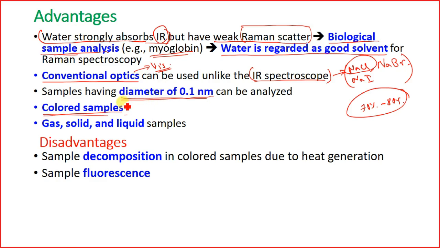We can use colored samples also, but there are some limitations. Then all three types of samples, gas, solid, liquid, whatever the sample may be, we can analyze, and that too without any sample preparation.